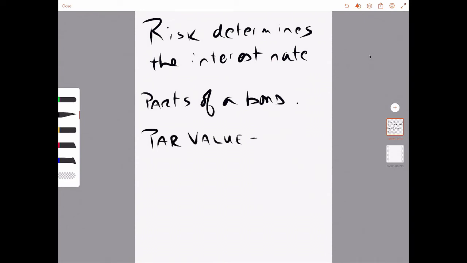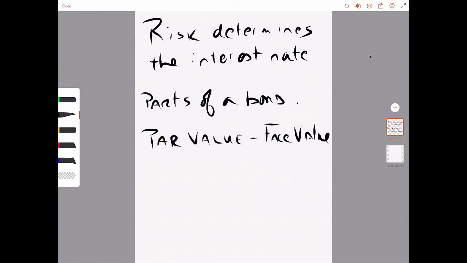The par value is the face value of the bond.